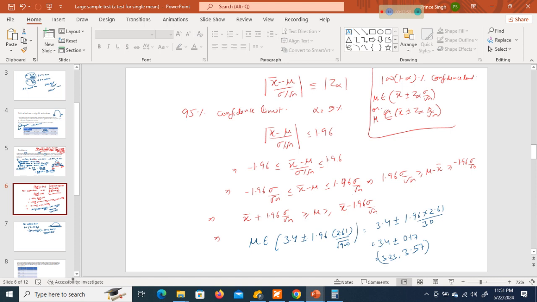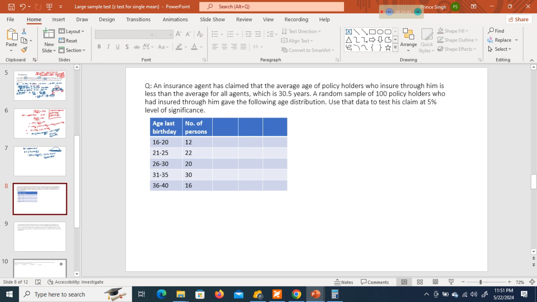Okay, now let us consider another problem. In this question, an insurance agent has claimed that the average age of policy holders who insure through him is less than the average for all agents, which is 30.5 years.